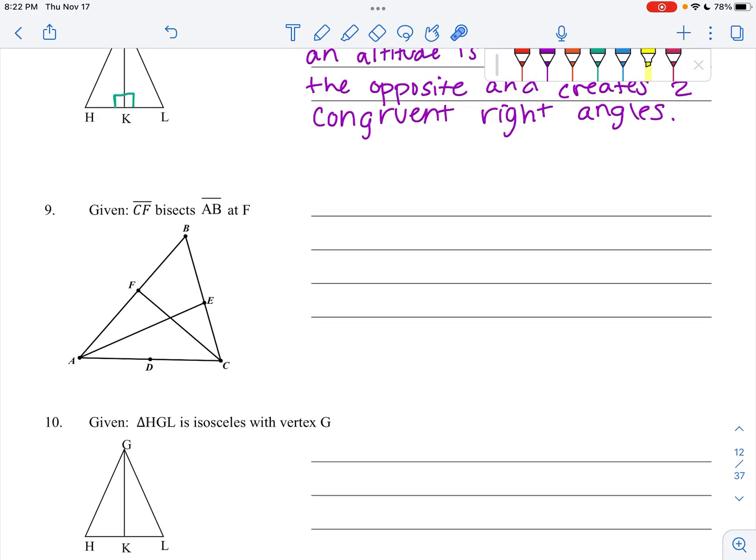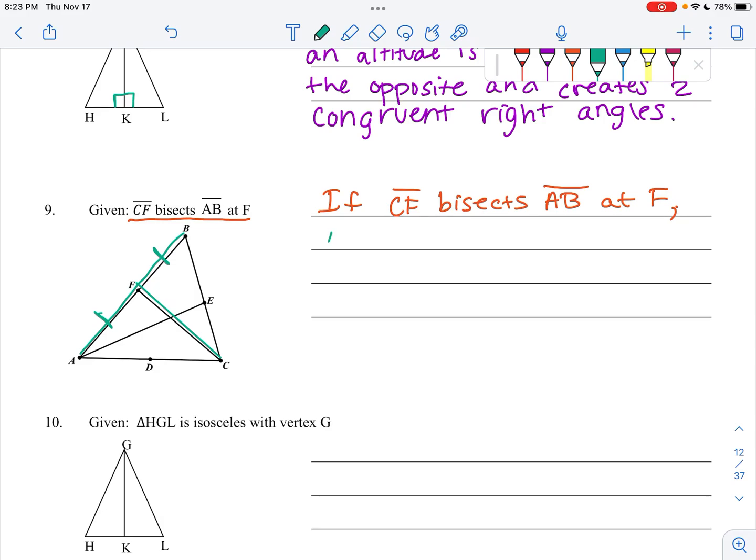All right, we're going to do one last one. So here's what the given is: if segment CF bisects segment AB at point F, what would I say? So if CF, that's this segment, is bisecting AB, that's this segment, that means it's splitting it in half. So I have two equal parts.